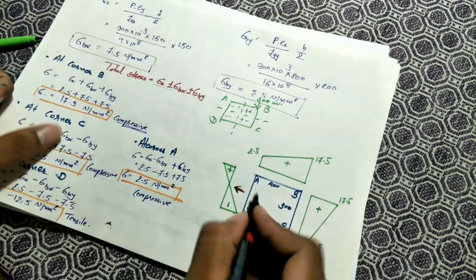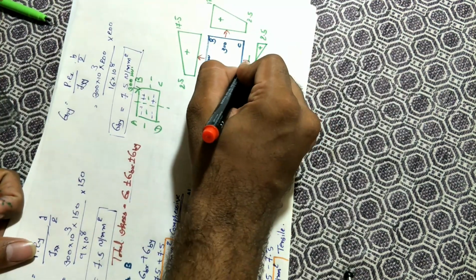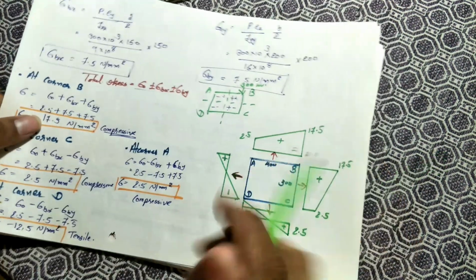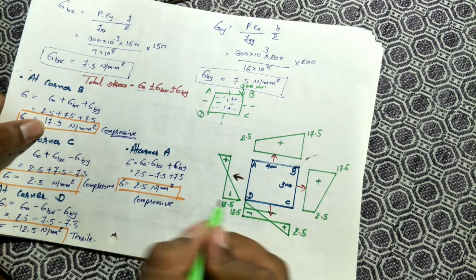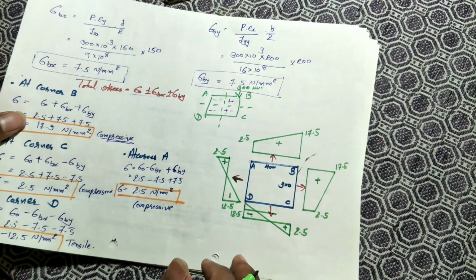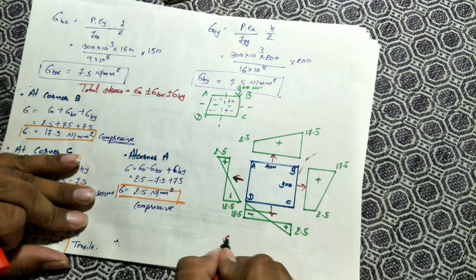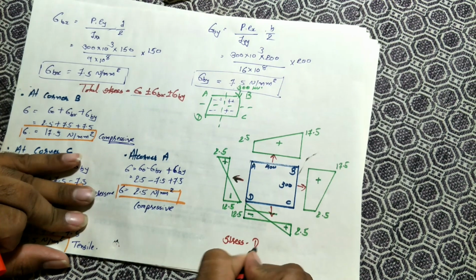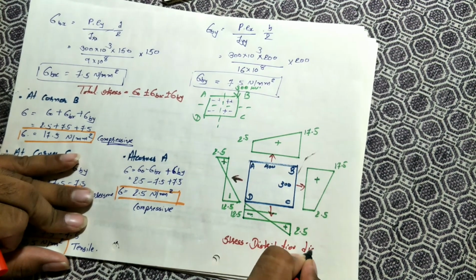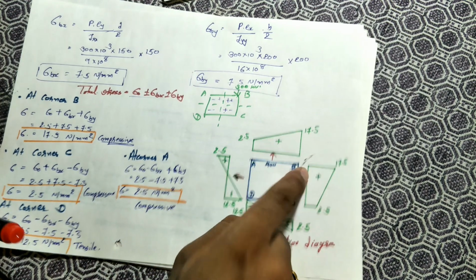From here we have to look, like this and like this. Okay, so this is again a 12.5 value, minus, and this is 2.5. So this is your stress distribution diagram.